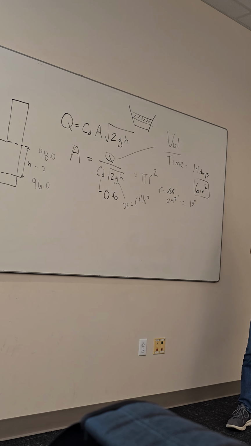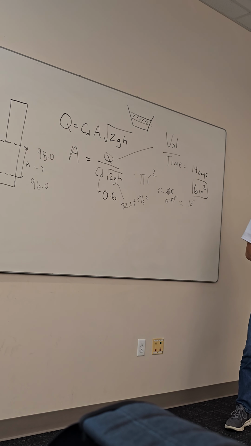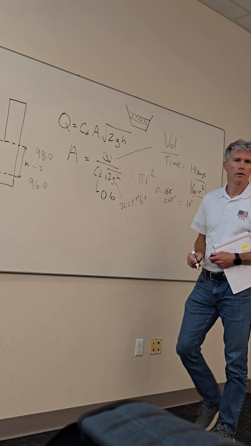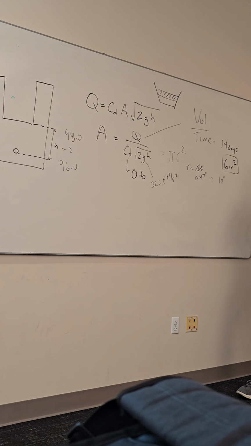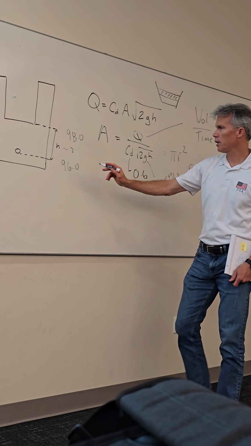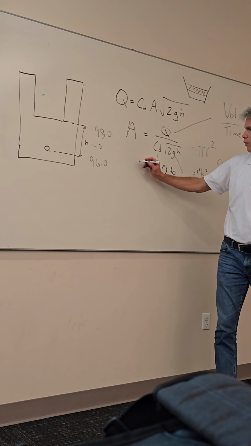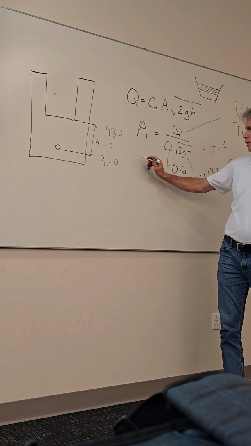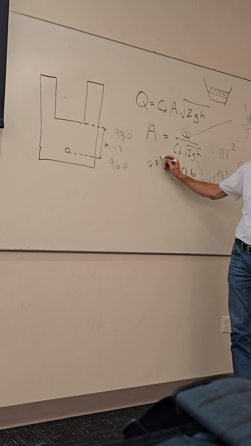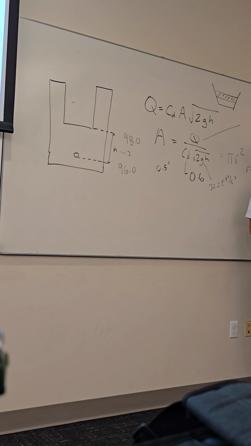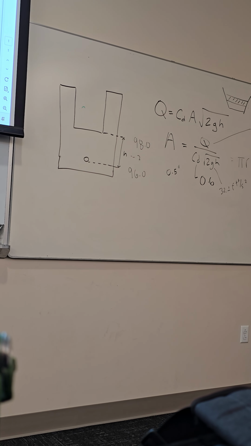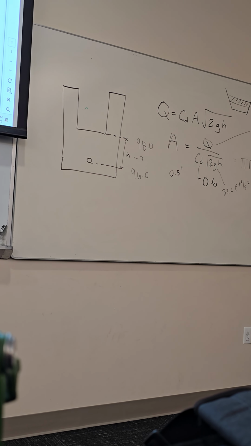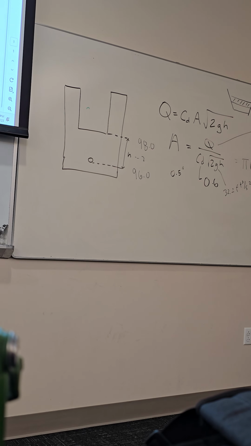Why do you think that is? Factor of safety. Yes, it is a factor of safety, but why? So let's say that I do this calculation and my orifice diameter is 1/2 inch. Let's say that's the size, that's the diameter. That's that big, right? Maybe? What's gonna happen like in 4 days?